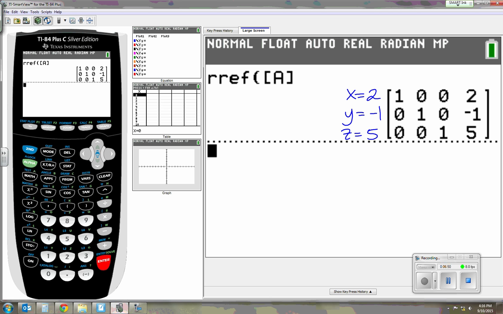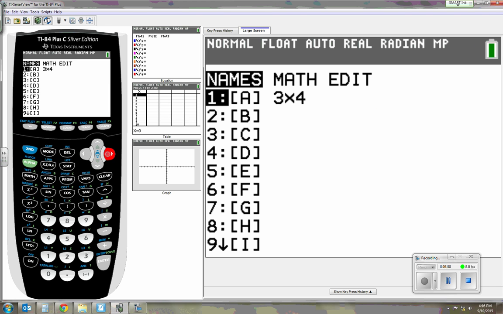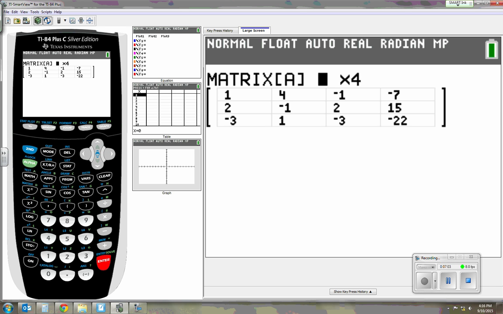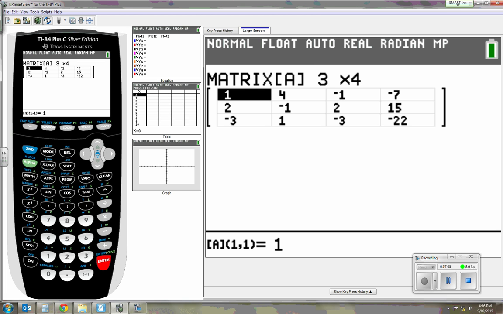So I'm going to go back, and to do this, I'm going to go back to my matrix and I'm going to edit. So I'm going to do second matrix, arrow over to edit, push enter. And the matrix dimensions for number 2 is still 3 by 4. And then I'm just going to put in my elements on top of the old one.